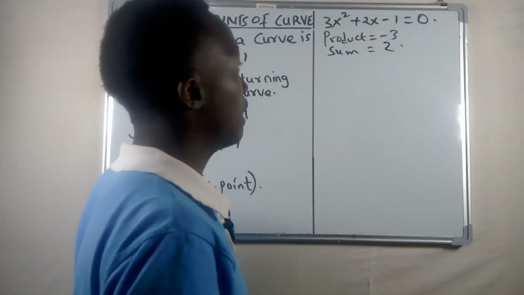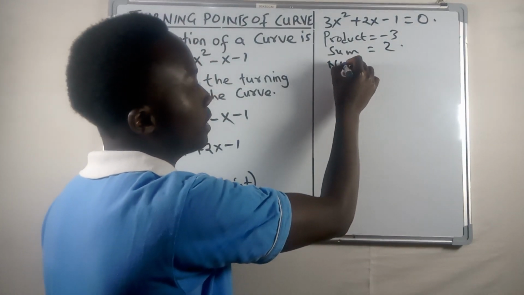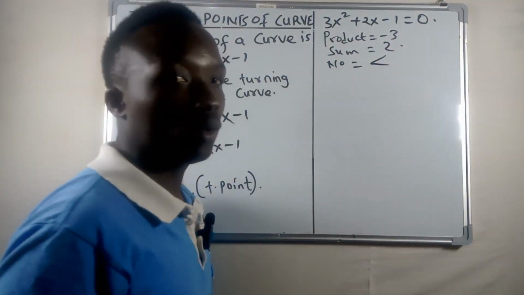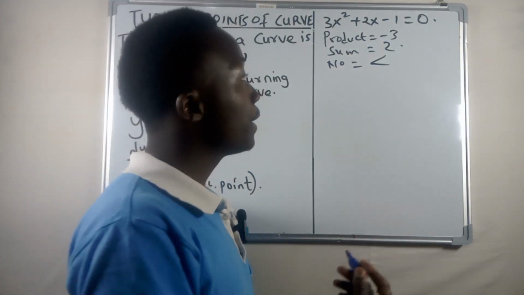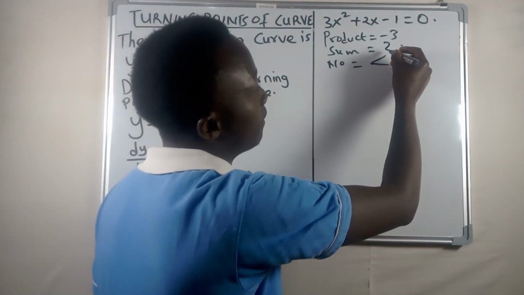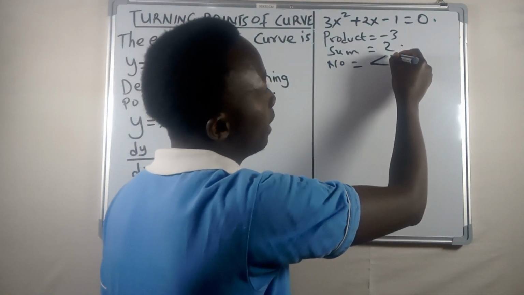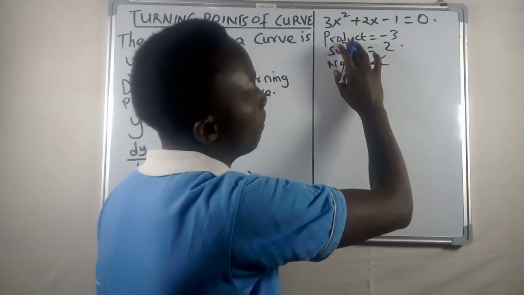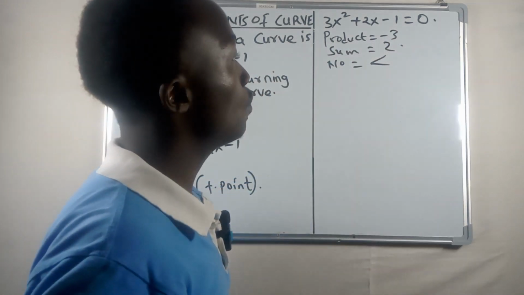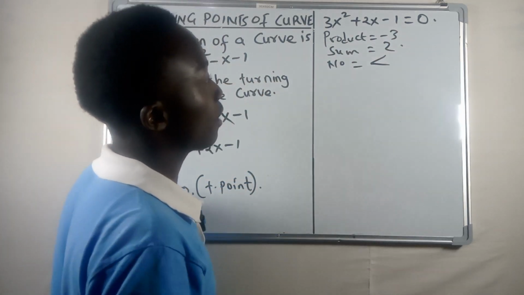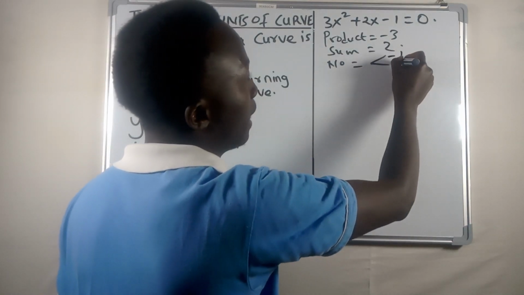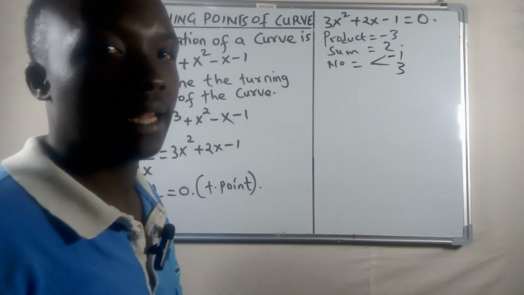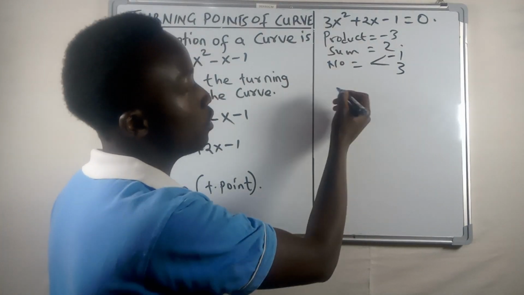The two factors that are going to give us a product of negative 3 and a sum of 2 are negative 1 and 3. Then we can continue to factorize.